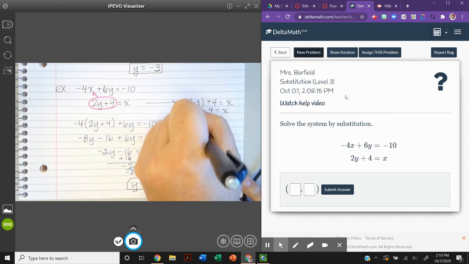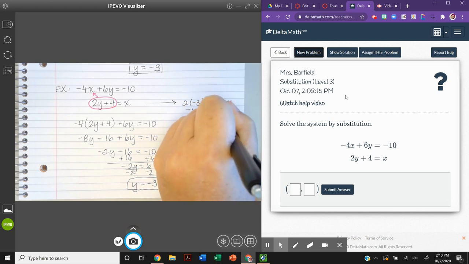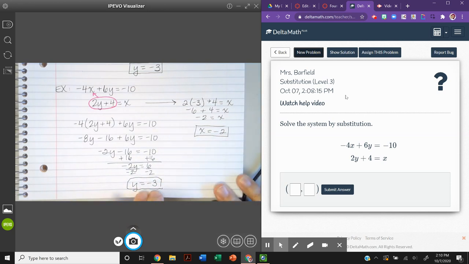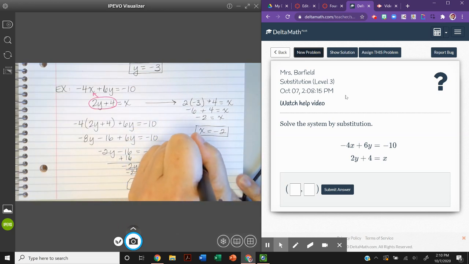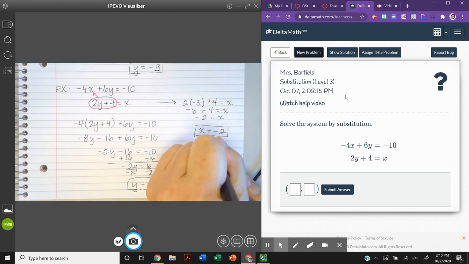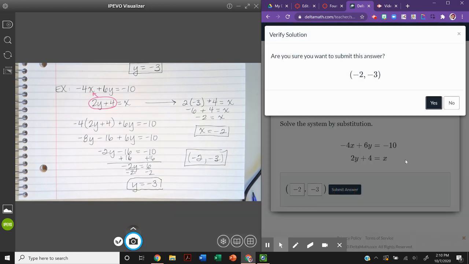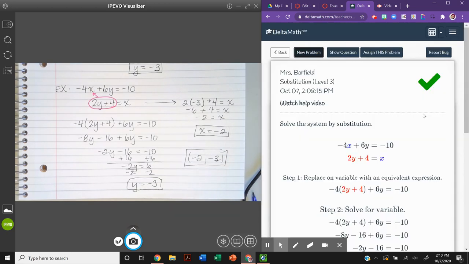Negative 2 equals x, so x equals negative 2. I'm going to type this one first because it's x, this one second because it's y. So negative 2, negative 3. Submit my answer, got my green check.